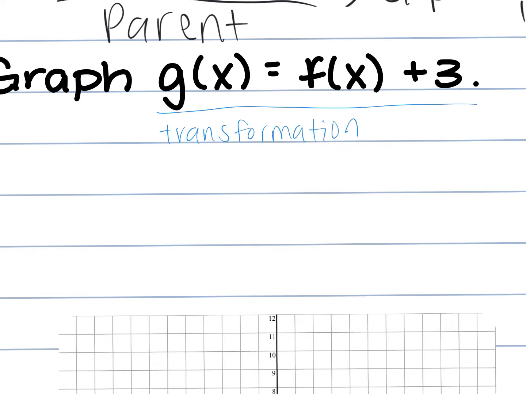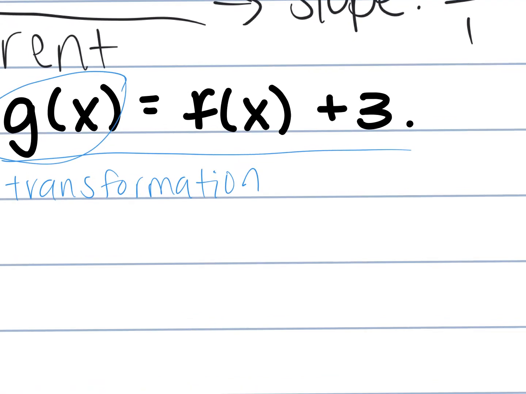So the name of our transformation function is this guy on the left-hand side. It's g of x. And he is doing something to our original parent function. In this case, it's f of x plus 3. This plus 3 is what our transformation is. We are adding 3 to all of the f of x values.